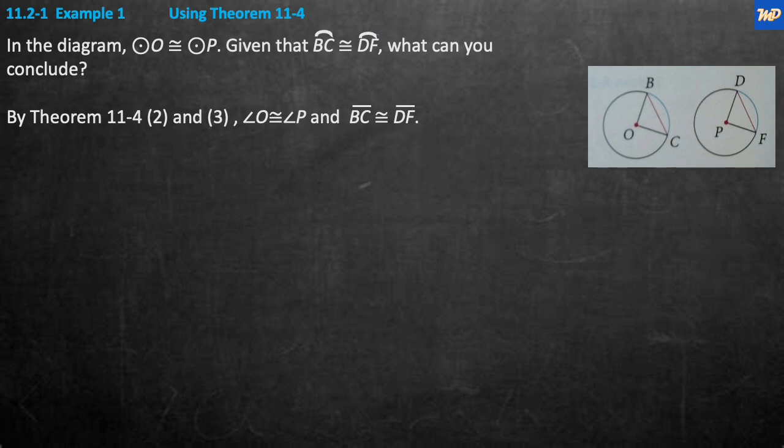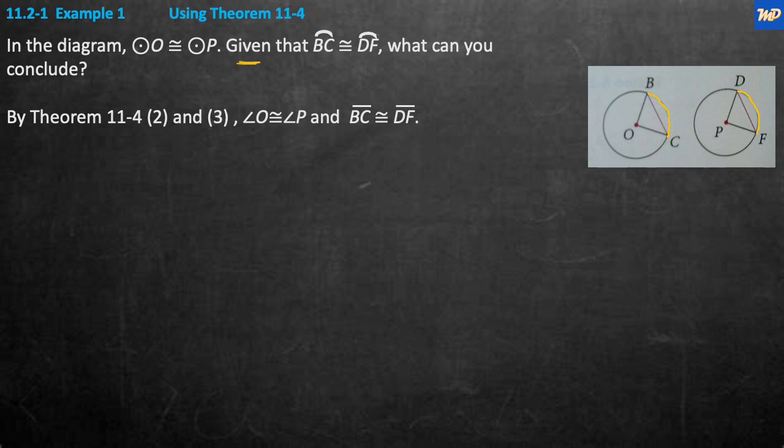Given that arc BC, the blue part right here, is congruent to arc DF. There's arc DF. They're telling us that they're congruent.